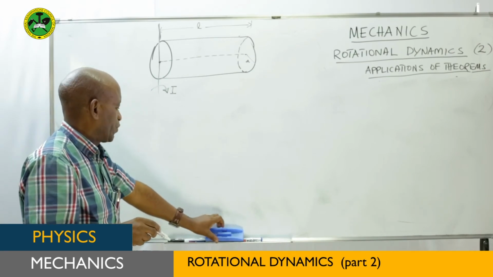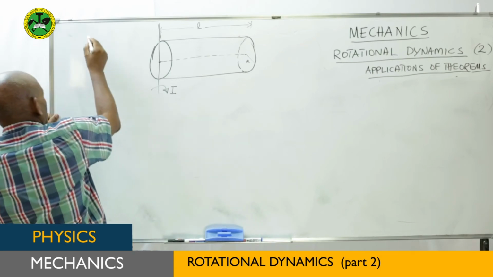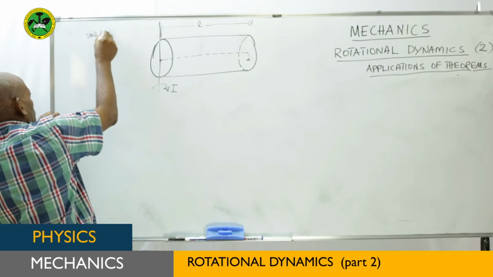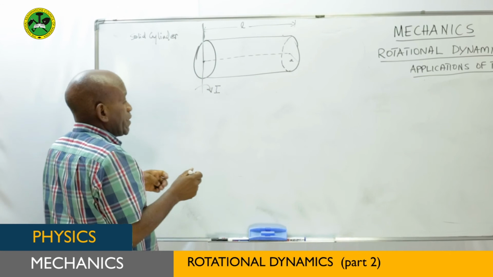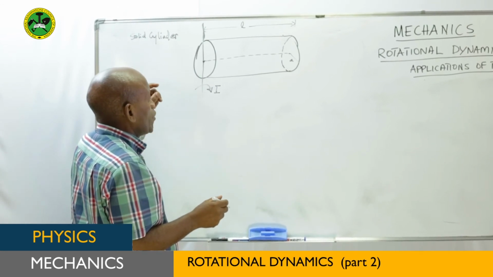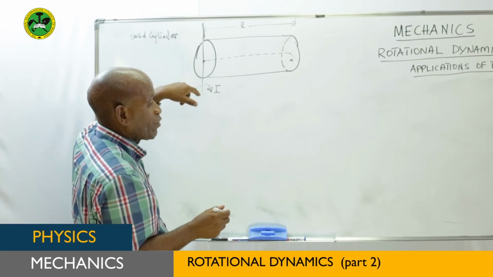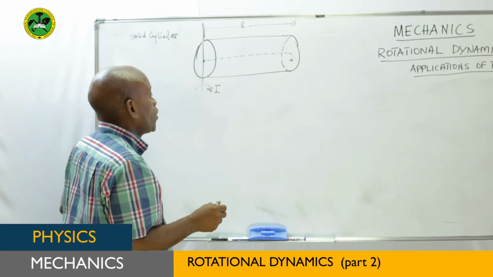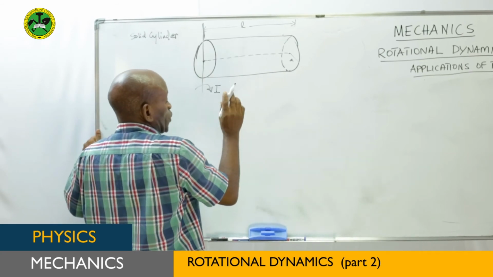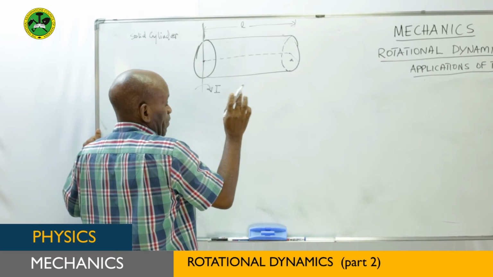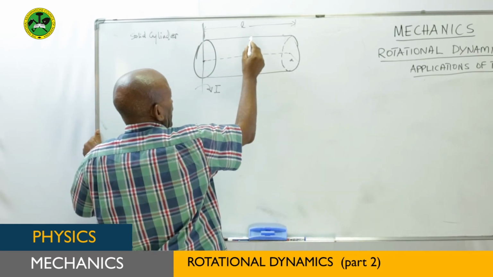As you can see, this is the solid cylinder. To determine the moment of inertia through this axis passing through its diameter, we need to use what we call the parallel axis theorem. We take any particular slice.